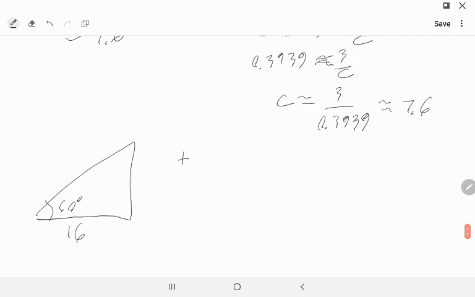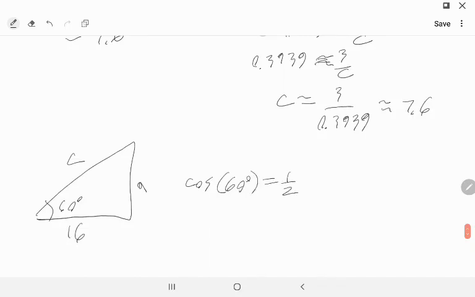Actually, we'll use the trig function. We'll call this A and C. We know the cosine of 60 degrees is 1/2.